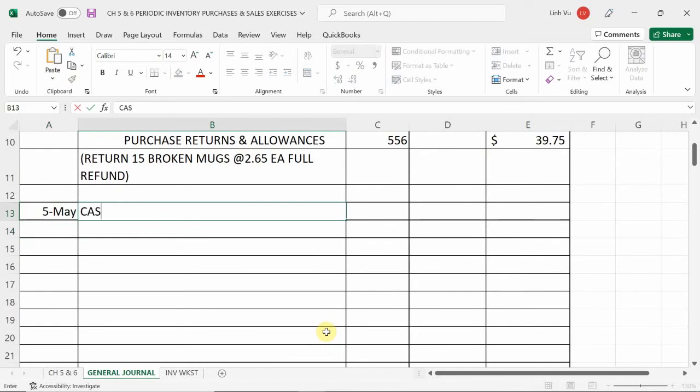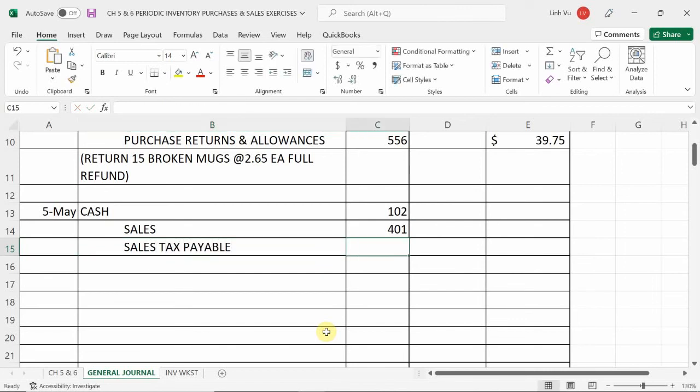You received cash. You sold something. And you had to charge sales tax. Okay, so in this case, you sold 10 mugs at $9.99 each. How much is your total sales?